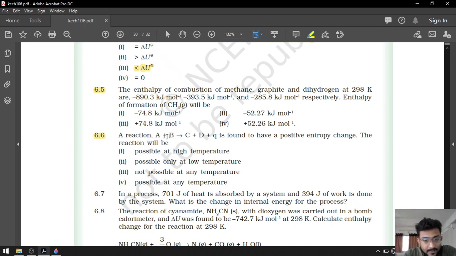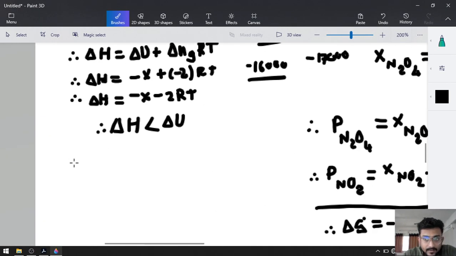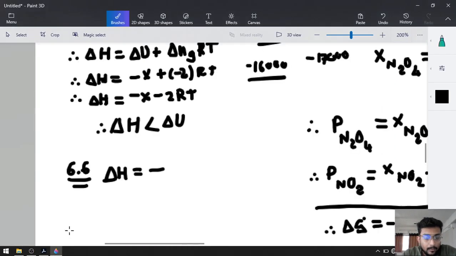Reaction A plus B gives C plus D plus Q. Okay, Q is the heat in the product, so heat is released. That's why Q will be minus. That means delta H is negative. And it has a positive entropy. That means delta S is positive.